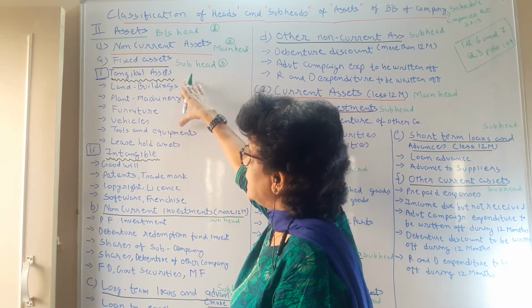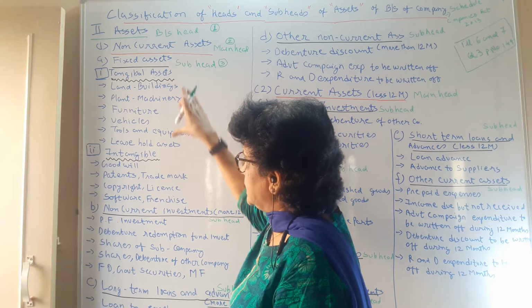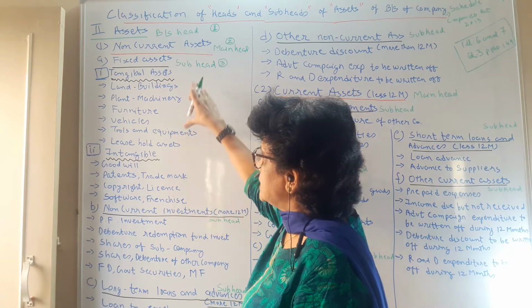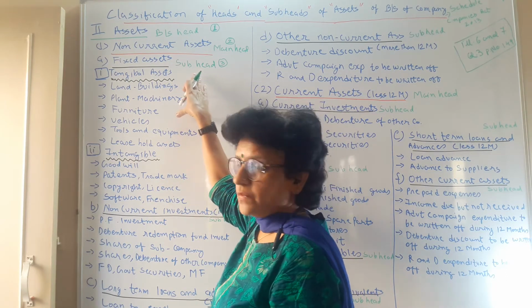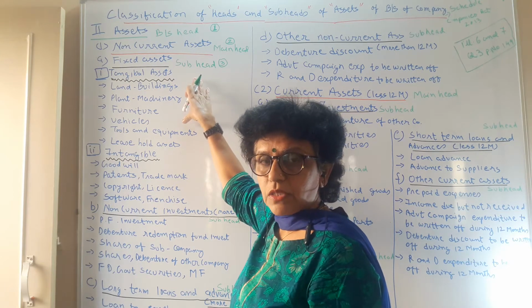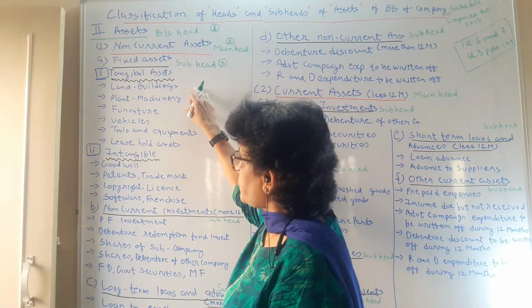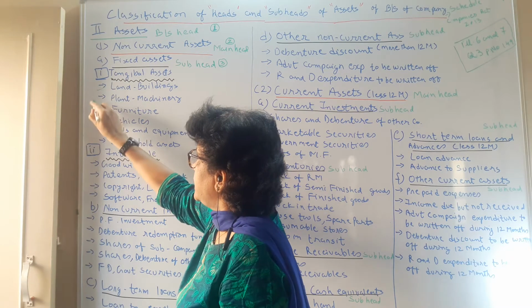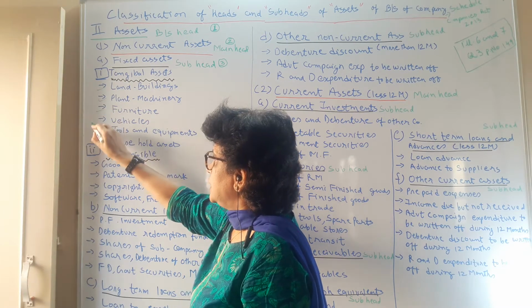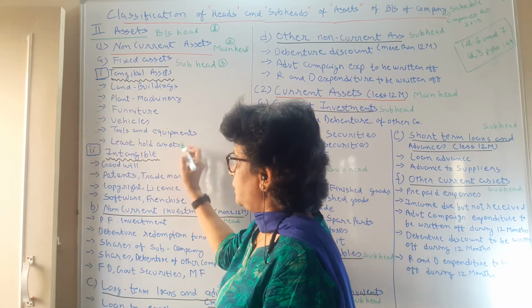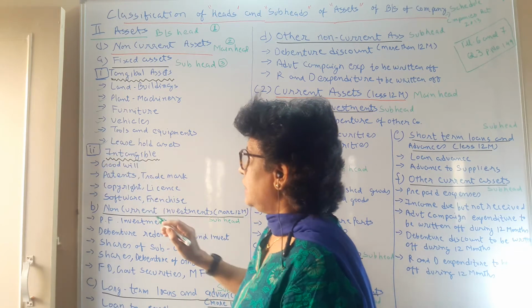These fixed assets are divided into two: tangible asset and intangible asset. Tangible assets are those which you can see, feel and touch, the assets which are visible. In that you have land and building, plant and machinery, furniture, vehicles, tools and equipment, and leasehold assets.